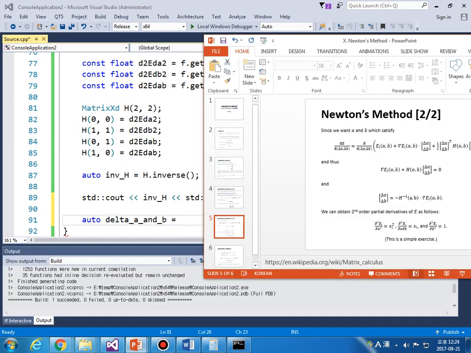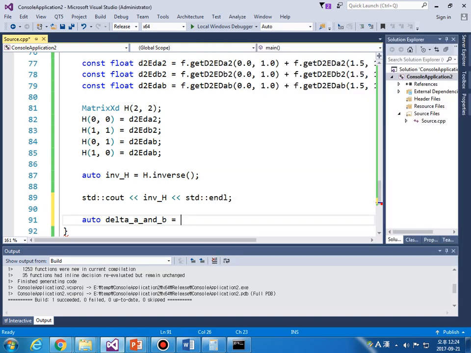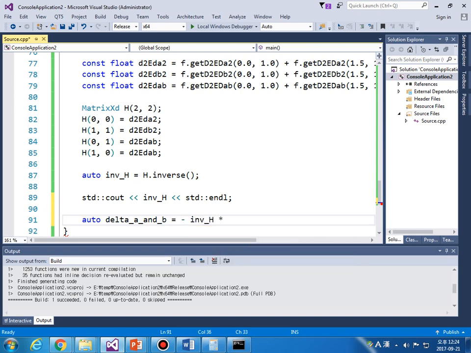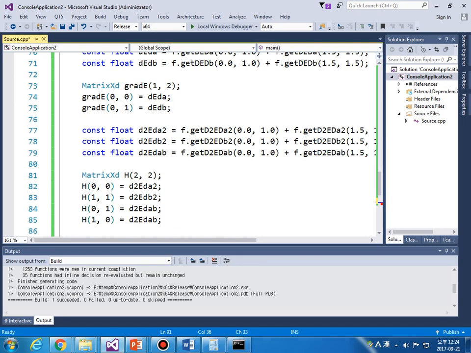Should be minus inverse H dot gradient E. This means that this should be a column matrix. So minus inverse H times grad E.